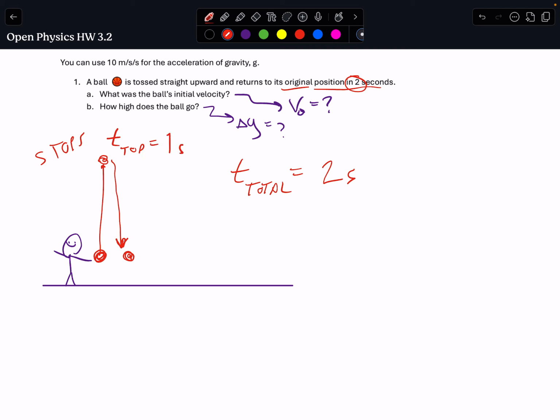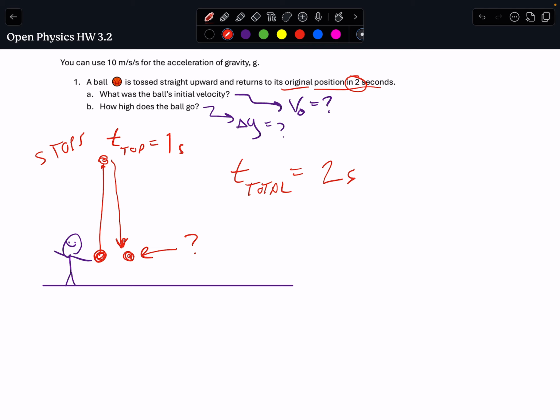I'm going to work the problem out as though it's just being tossed up in the air and stopping up here. We can still use that to find its initial velocity. In fact, we probably don't even need to know the information about when it lands, except that the total time was 2 seconds.